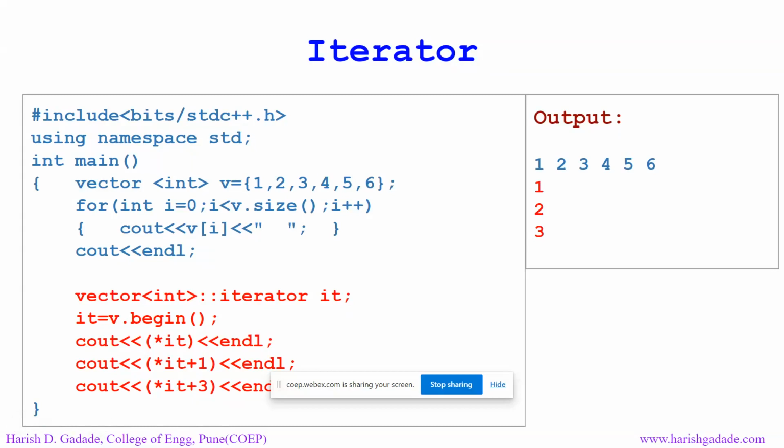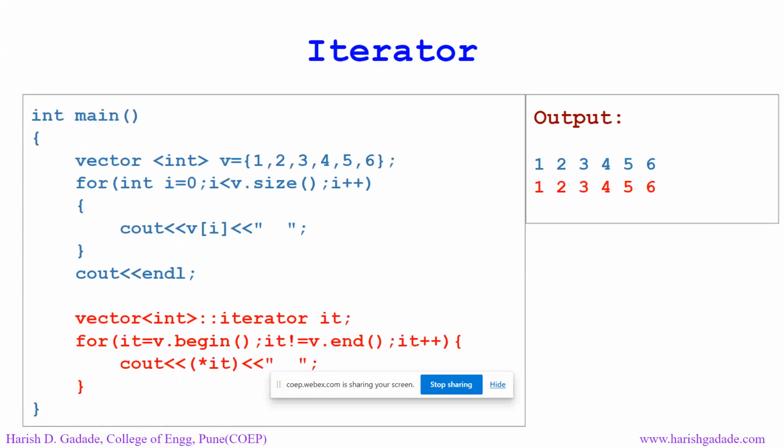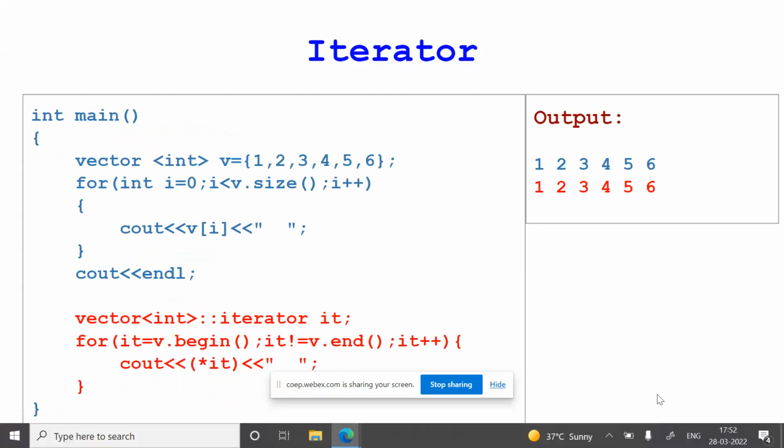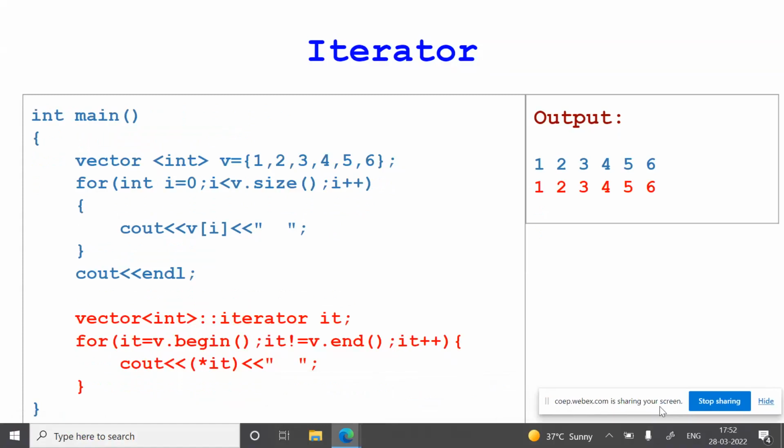So here I have not used any kind of loop, I just told you how to access these elements using this iterator. Now, this loop syntax that we know: the initialization, then condition, and then increment.